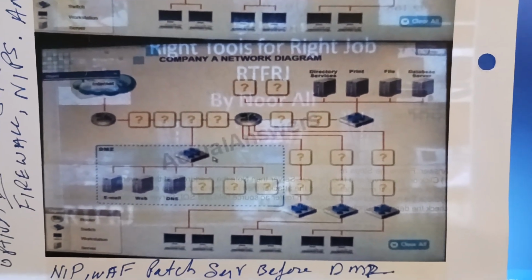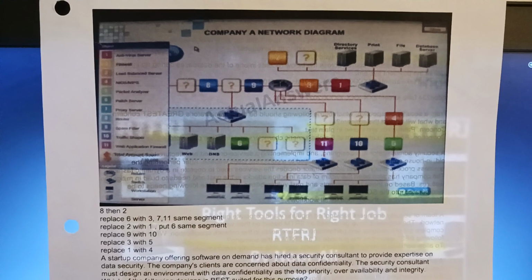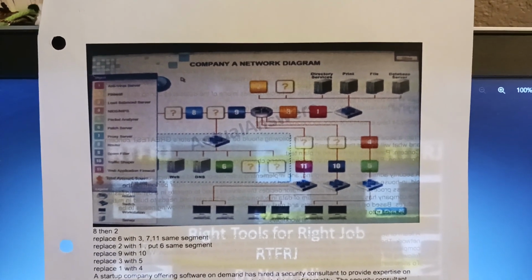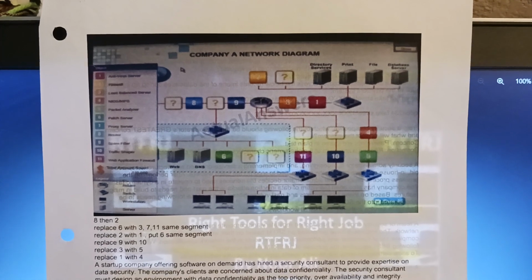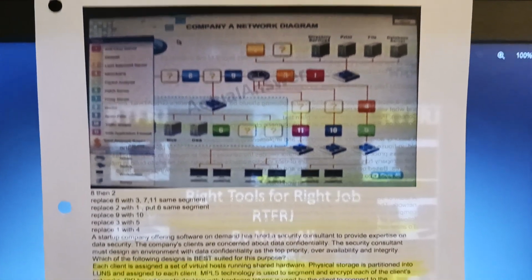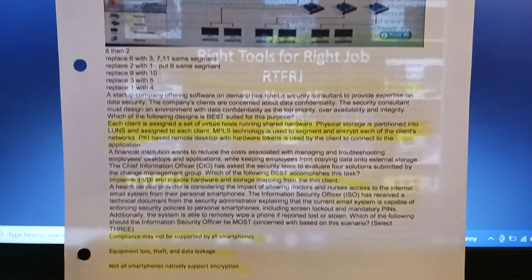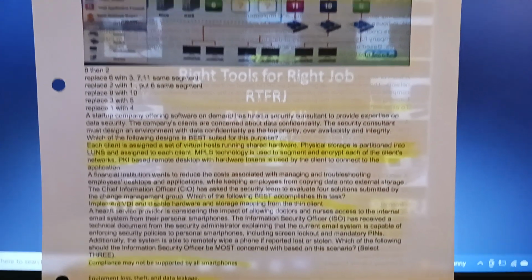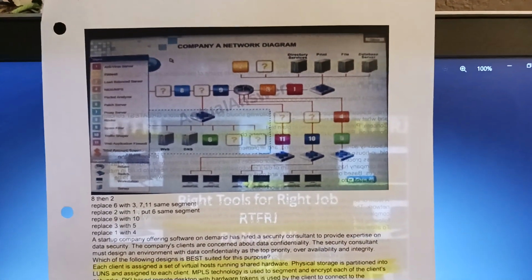That's the key. So here's the architecture map again. Then there are a bunch of questions and answers. I have so many of them in my study guide.